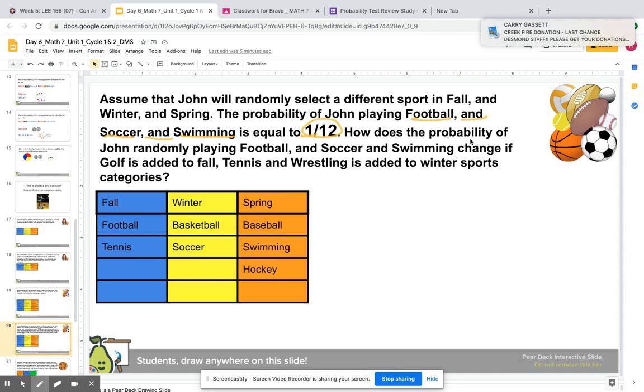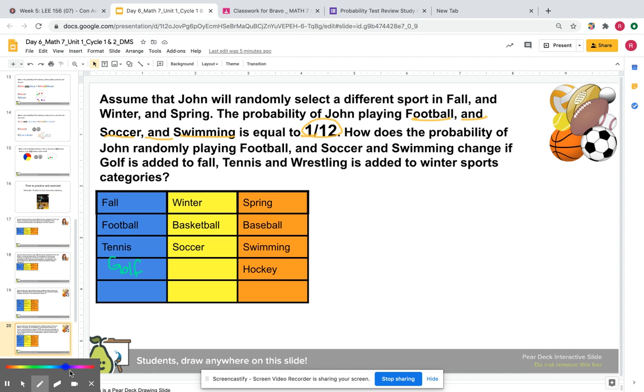So how does the probability of Johnny randomly playing football and soccer and swimming change if golf is added to fall? What's happening in fall is we're adding a sport. We're adding golf into that little box. And then tennis and wrestling is added to winter sports.